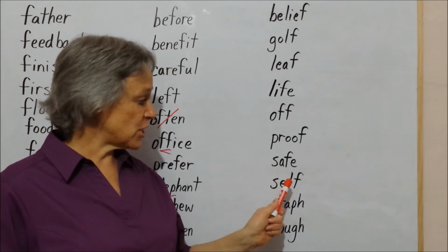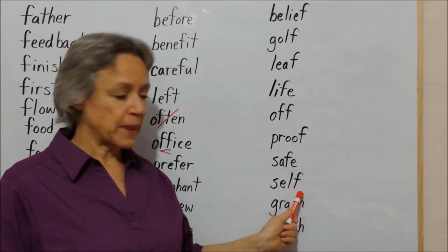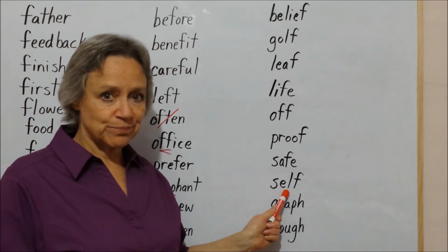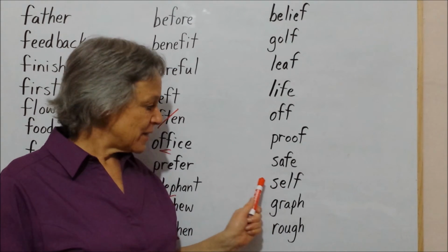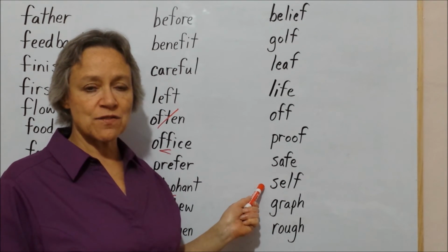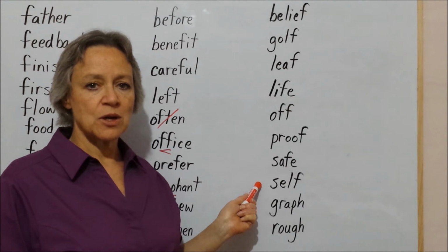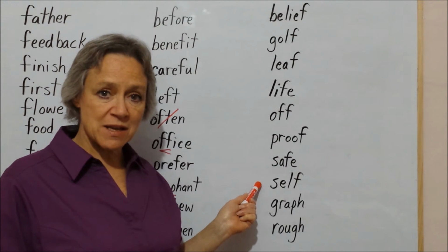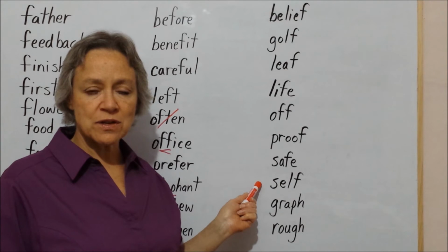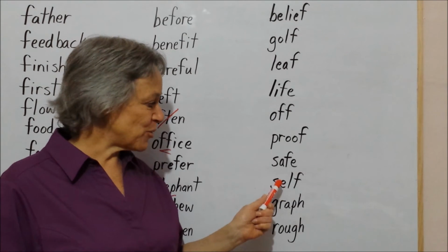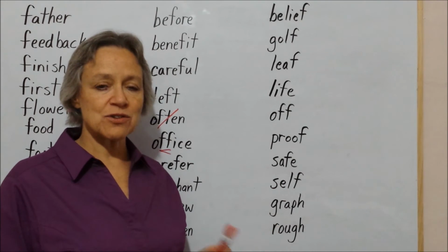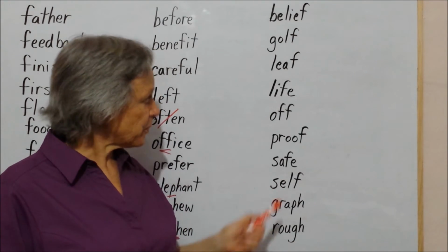We have a lot of words which end in LF. Not all of them have the L pronounced, but many of them do. This particular word, though, self, occurs in many other words. We have words such as myself, yourself, himself, itself, okay? So the word self occurs in many other words.